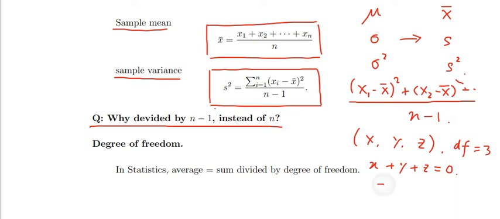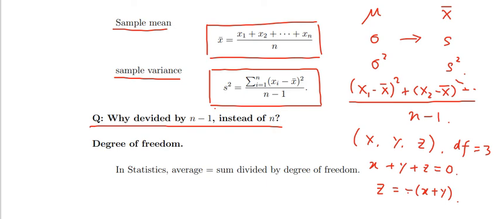Actually, z is completely determined by x and y. So we have the formula z equals negative x plus y, right? So if we know x and y, then we can know z. Z has no freedom. But x and y can change freely, right?